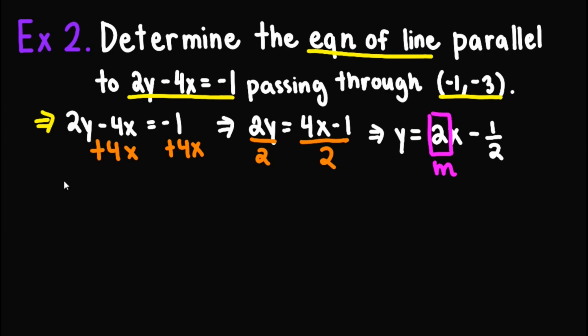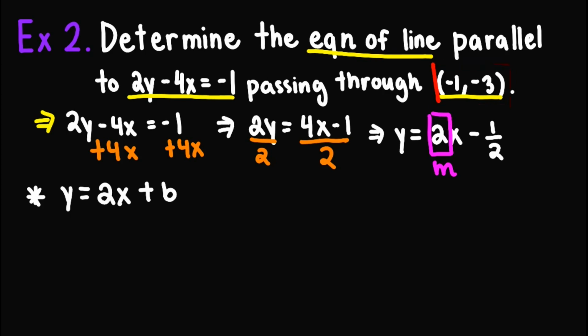So far, we know that our equation is of the form y equals 2x plus b, if this is in slope-intercept form. Our only problem is finding this y-intercept. Fortunately, we are given a point out here to find it.